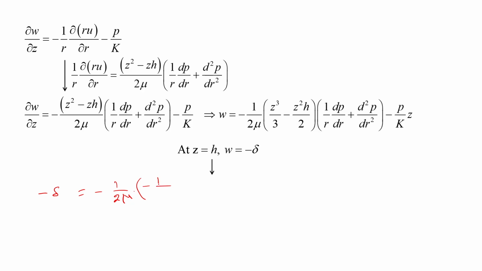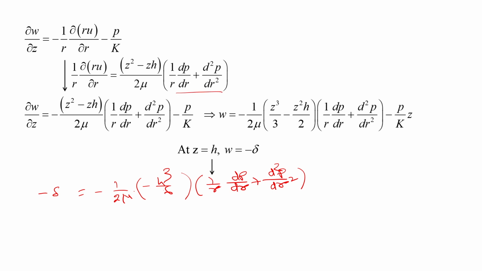This is right, and this is 1 by r dp by dr plus d square p by dr square.